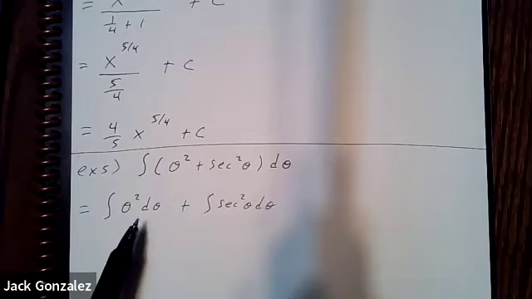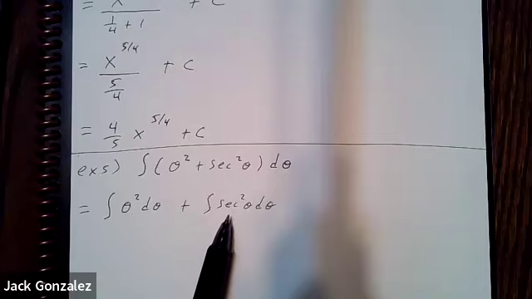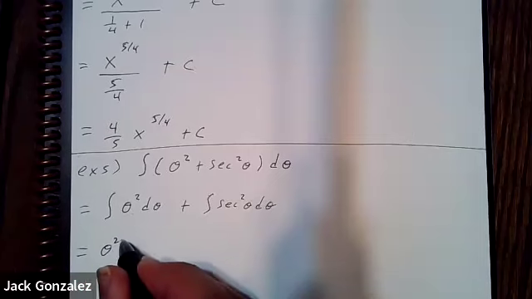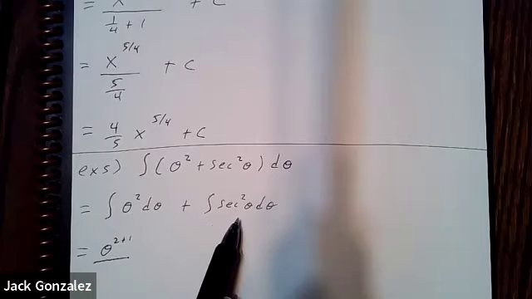Now, do you agree that this is just a power rule, right? And this is just from the formula that I told you earlier. The integral of secant squared is tangent, right? If you don't have that memorized, if you have the derivatives memorized, just go backwards.